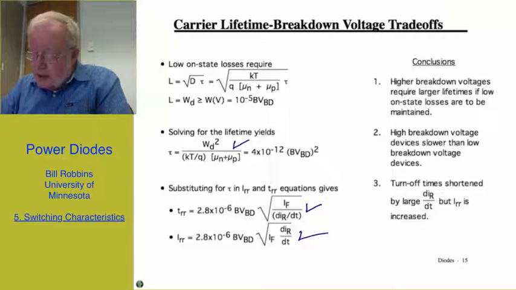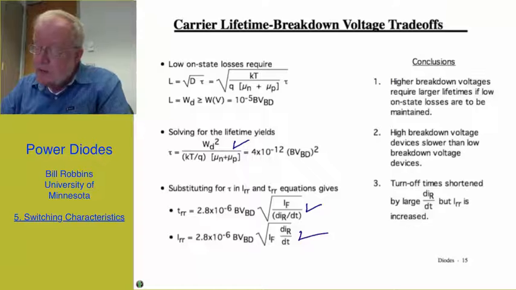T sub RR gets larger as it's linearly proportional to the breakdown voltage that you want, and so is I sub RR, the reverse recovery time. So the conclusions we come to is high breakdown voltages require larger carrier lifetimes to maintain low on-state losses, and that means these devices are going to be slower because of the longer required lifetimes.